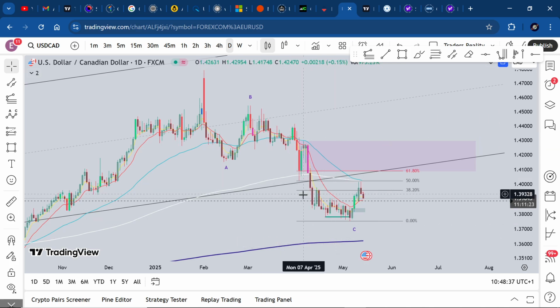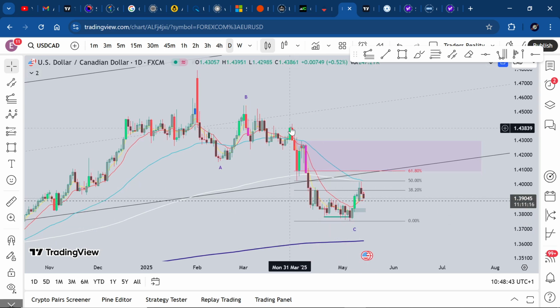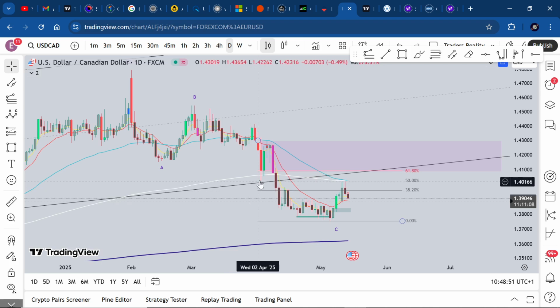But on the daily, the count, if we wanted to go 1, 2, 3, 4, 5. So this could be a 3, this could be a 4. Also this. The 2 wave here, 1, 2, 4 wave here, 1.5, 4 smaller again.